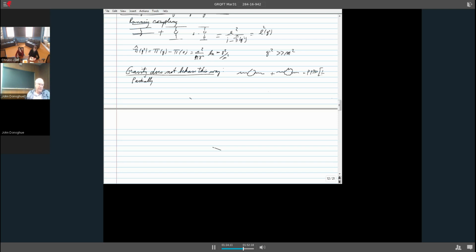And one can take this function and define a running coupling constant that depends on Q squared, and being slightly fancier, one defines the beta functions, etc. So let me not say much more about that. That's something I hope that everybody has seen here. The basic point is that gravity doesn't behave that way.